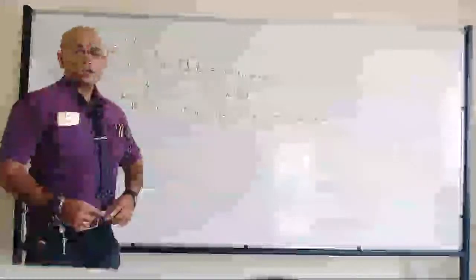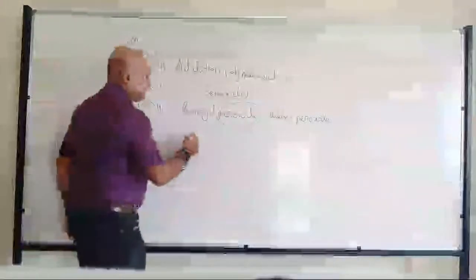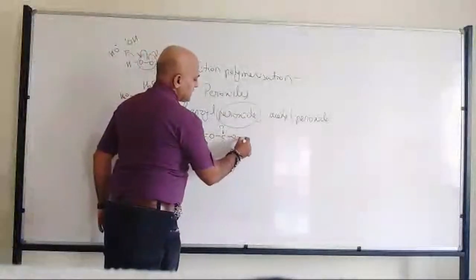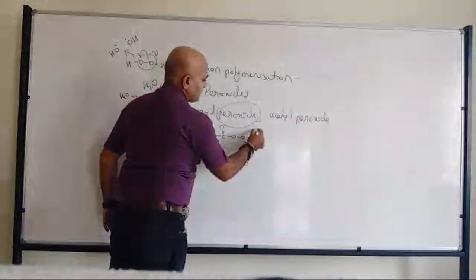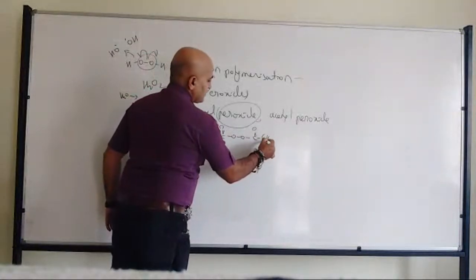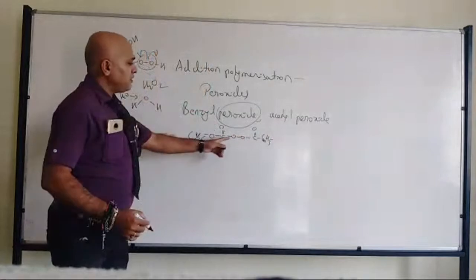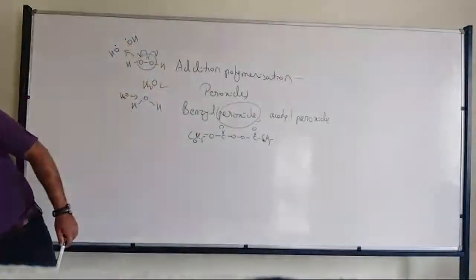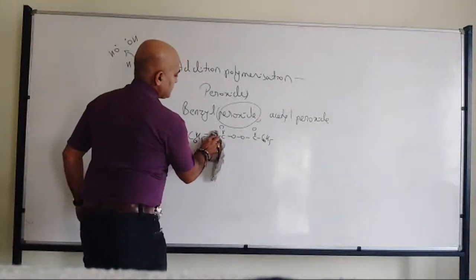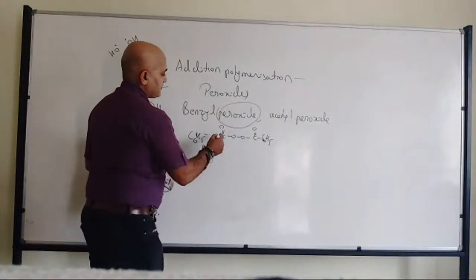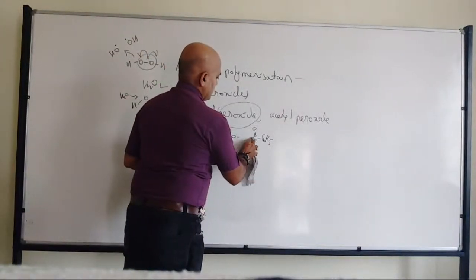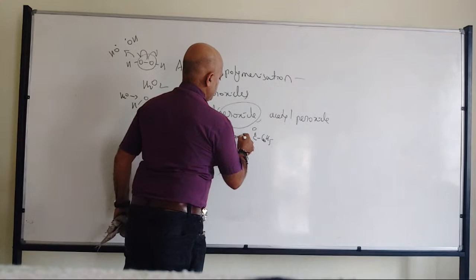Same logic is applicable for benzoyl peroxide also, where we have the C6H5COO linked by a single bond O, like this.